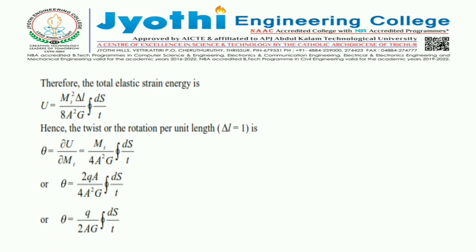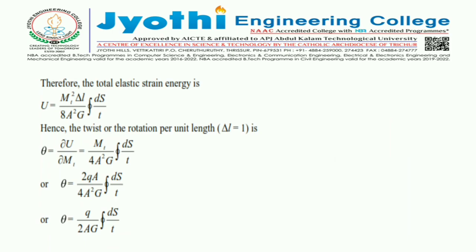Total strain energy is obtained by integrating the above equation. U is equal to Mt square delta L by 8A square G integral ds by t. The angle of twist per unit length is obtained by partial derivative of total strain energy with respect to moment.